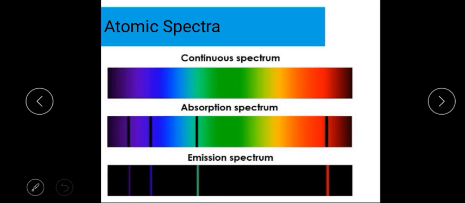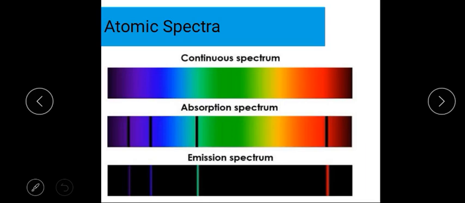These radiations have a continuous band of many wavelengths of different intensities. That is the continuous spectrum. In the first figure you can see the continuous spectrum, a continuous band of colors of many wavelengths with different intensities.